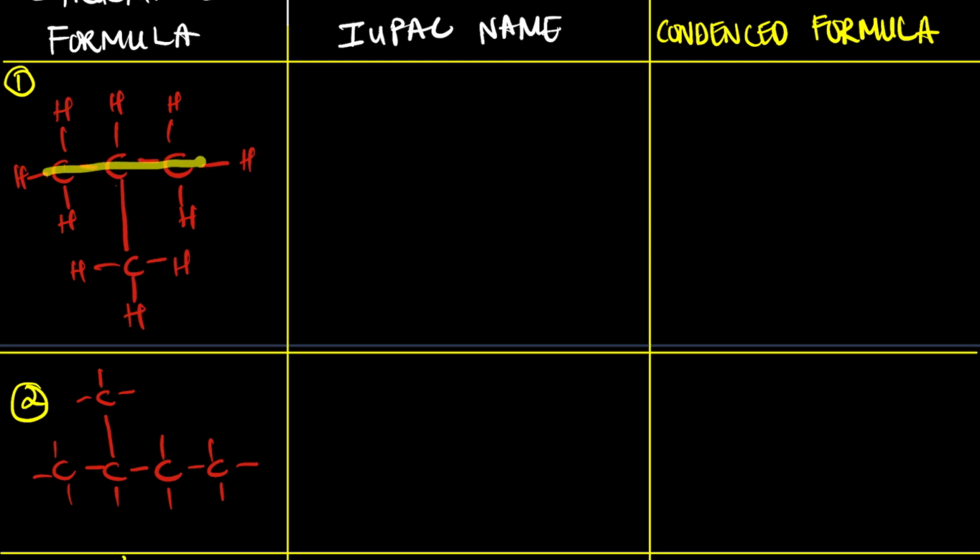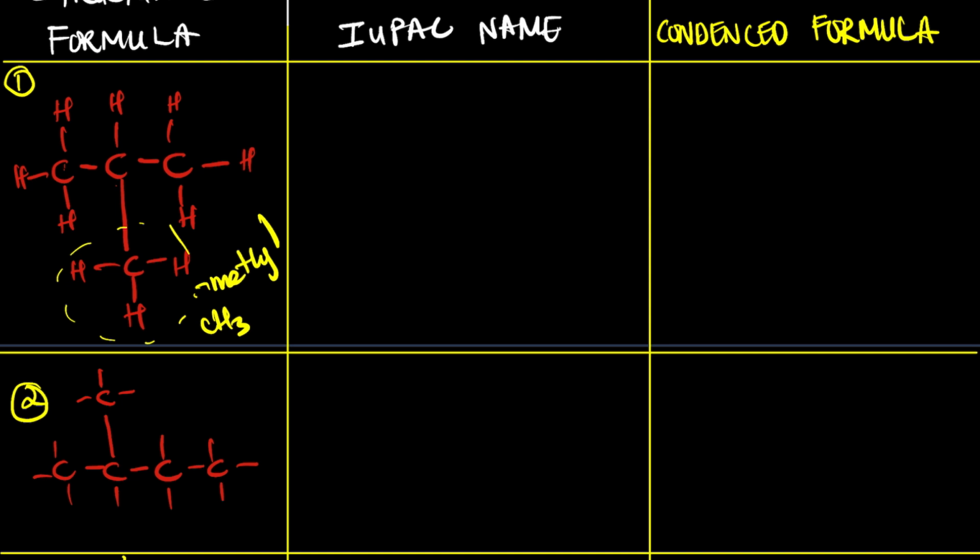So this is a stem and this is a branch. When you name it, you need to consider that this is a branch. It has one carbon, so we call it methyl. It's that CH3.